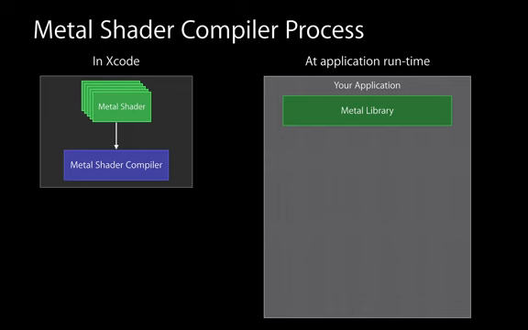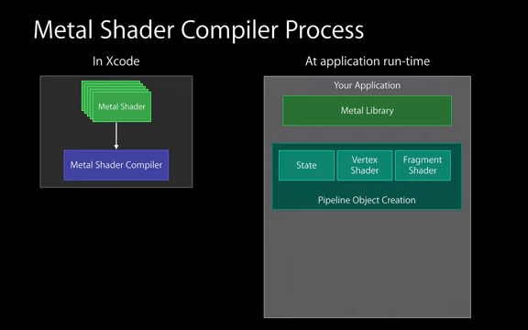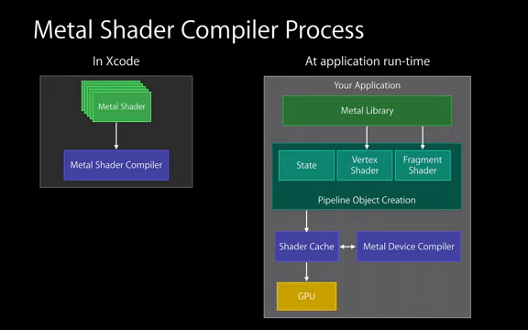Then at application runtime, when you're constructing your pipeline objects, you specify which vertex and fragment shaders you'd like to use from that Metal library. The Metal implementation then will look up those shaders to see if it's already cached them once before, and if not, we'll compile them to the final machine device code and send it to the GPU. And that's it. Most of this happens automatically for you, but critically exactly when you want it to.